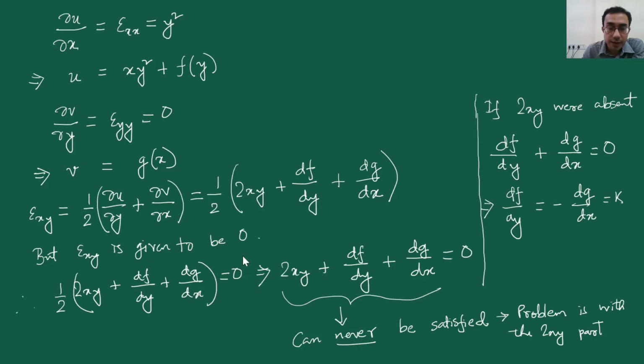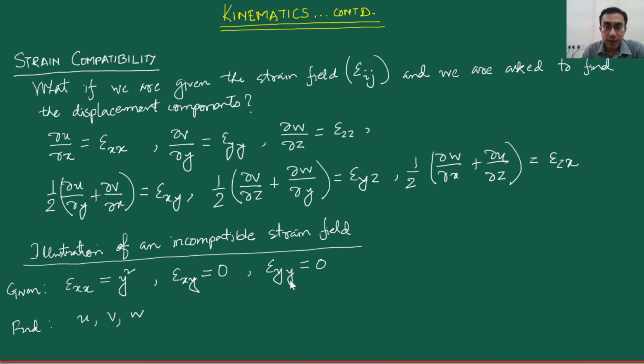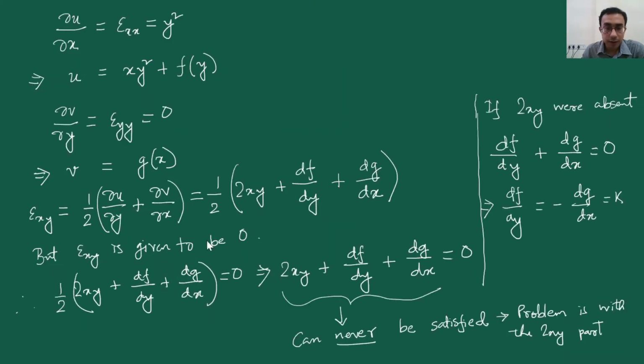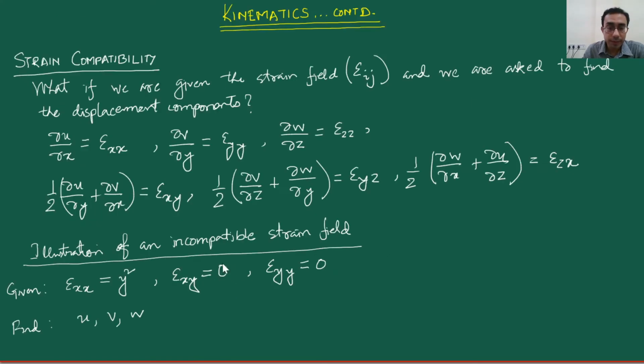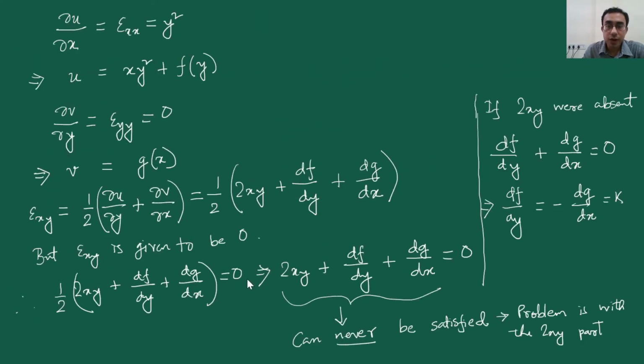That is why we are saying that this is an incompatible strain field. I repeat, this is given to us rather arbitrarily, but it turns out that if we use epsilon xx and epsilon yy, then the forms of u and v we end up with give rise to a form of epsilon xy like this, which simply cannot be equal to this particular form, and that is why this is an incompatible strain field.